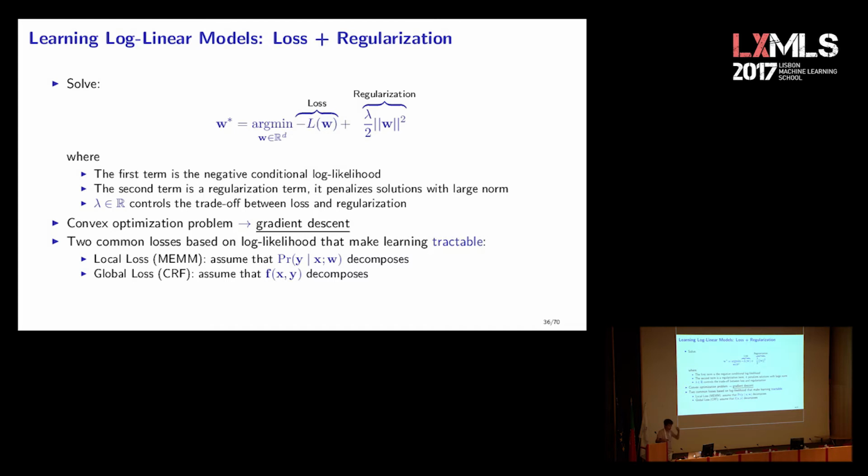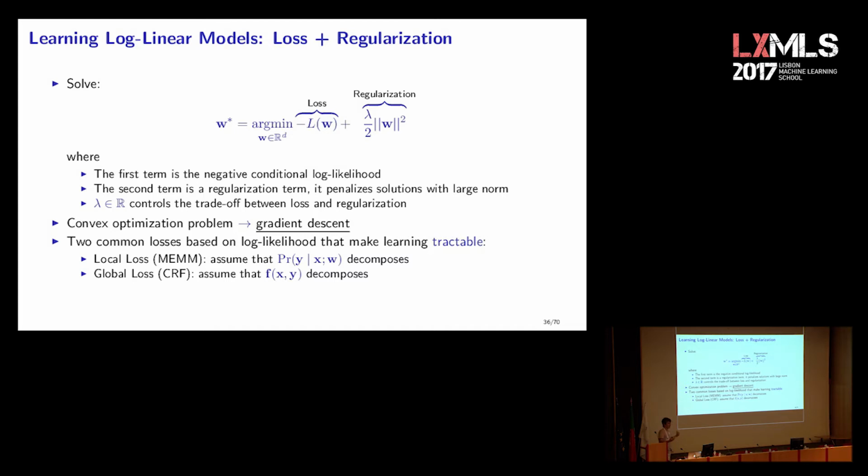There are two common things to use. This is more of a historical remark, but I think it's useful, so I'm going to present it to you. You can define a local loss and you can define a global loss. The global loss is what is called CRF, conditional random fields. I'm sure that many of you have heard about them, used them and studied them.